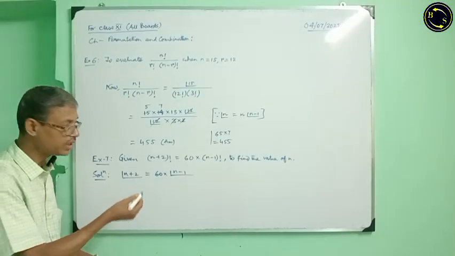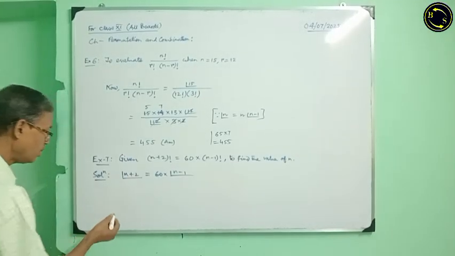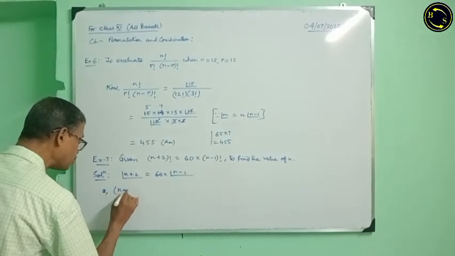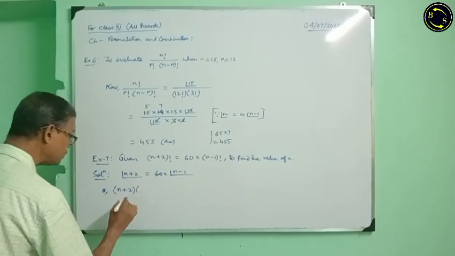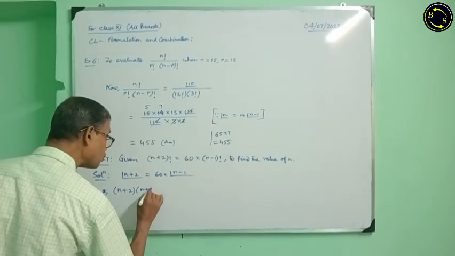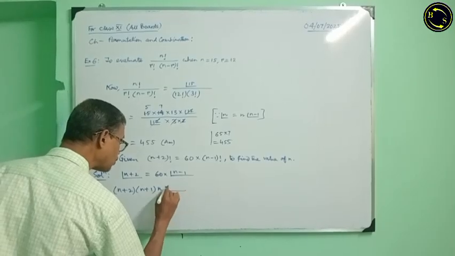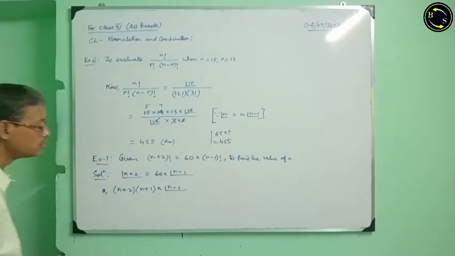Since n plus 2 is greater than n minus 1, I write this as n plus 2 into n plus 1 into n into factorial n minus 1.